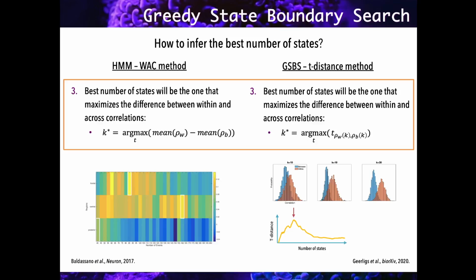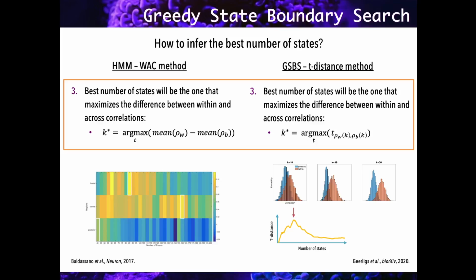So we would just run our model for different numbers of events, for example, from 20 to 200 possible states. And then we would do this computation for each possible number of states, and at the end get the best number of states from the one that has the maximum difference between these two averages.